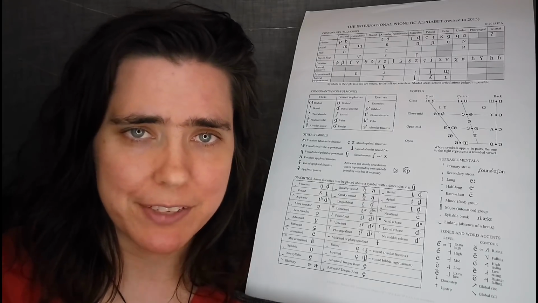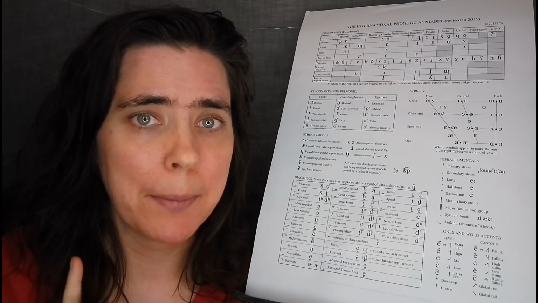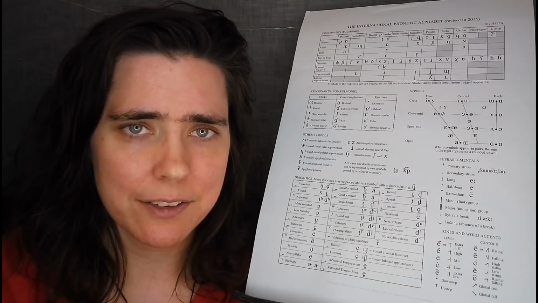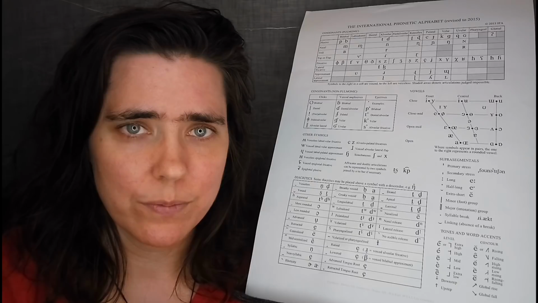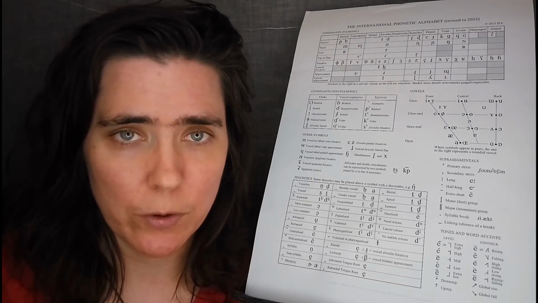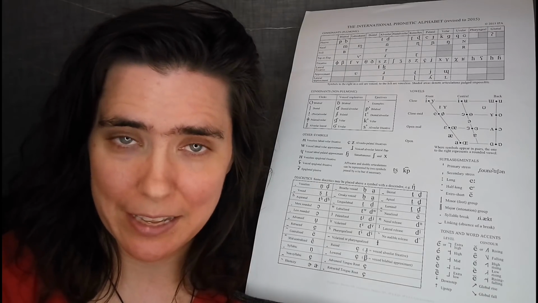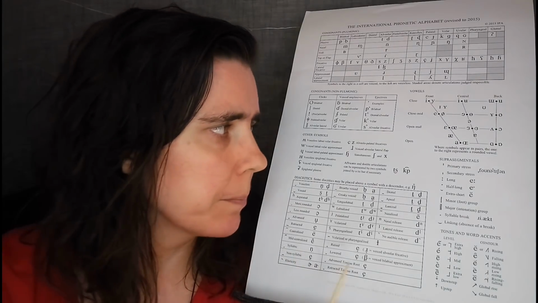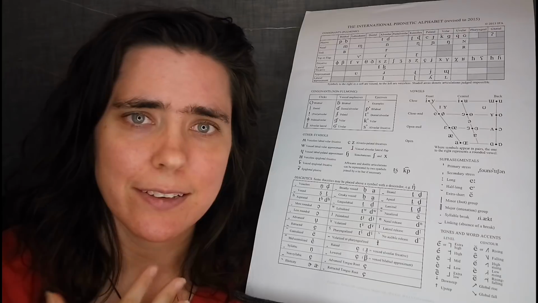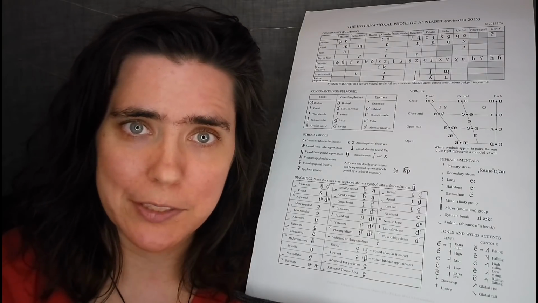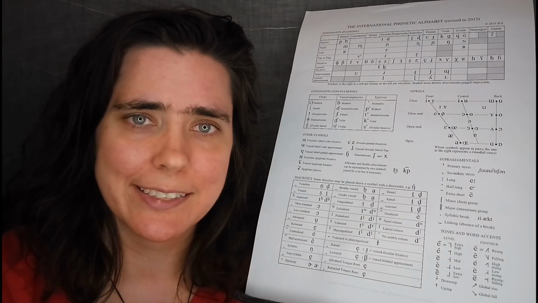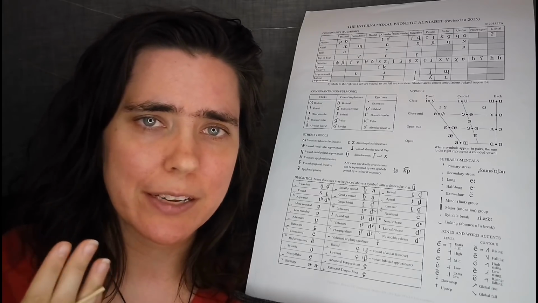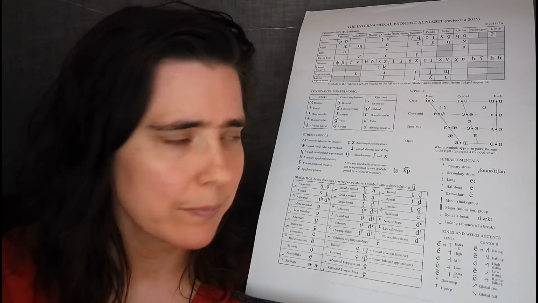Now, I will preface this by saying I am not really an expert at all. I have taken a college-level phonetics course, but that's basically what I've done. And I am a native American speaker, so I understand American vowel sounds the best.